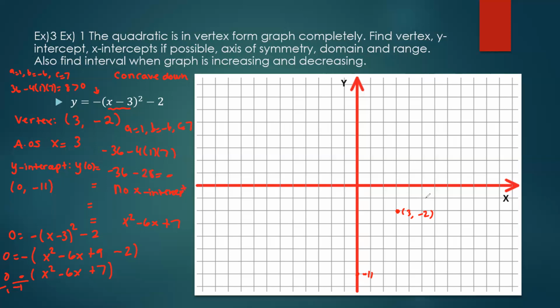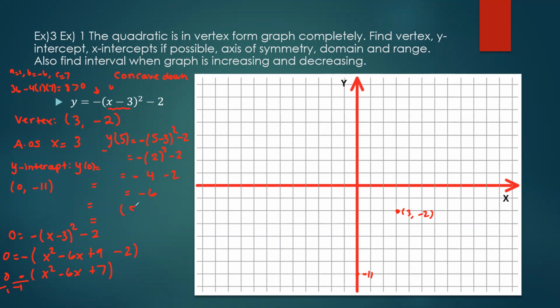So maybe we could use the x value 5 because I need an extra point. So let's plug in 5. That's negative, and then this is 5 minus 3 squared minus 2. 5 minus 3 is 2, right? 2 squared is 4 minus 2, so that would be negative 6.